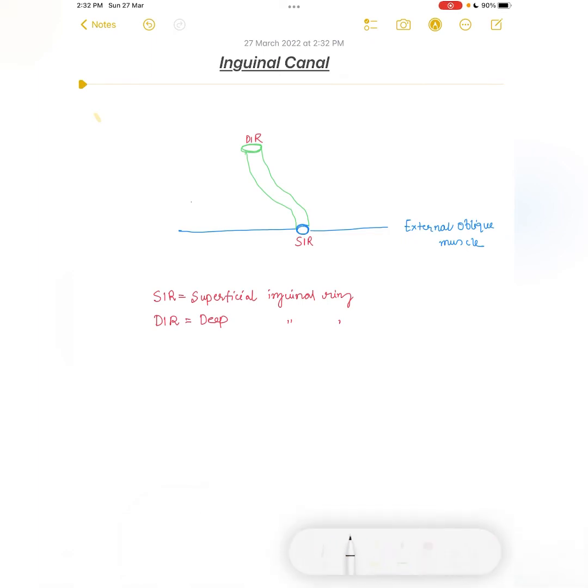This is the internal oblique, I am just writing IO.